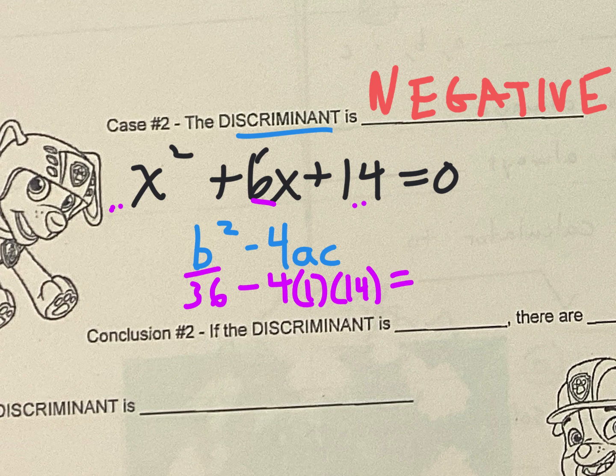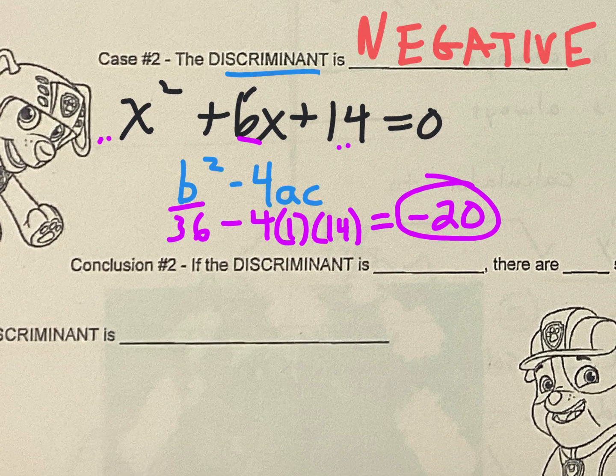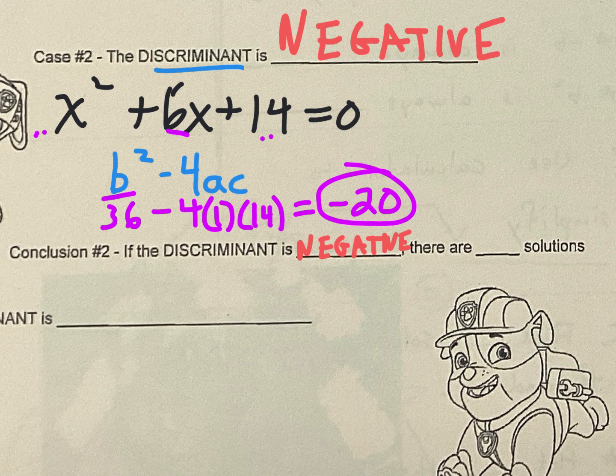It's a calculator problem. 36. Type it in just like you see it. See if you get the same thing I do. Negative 20. The discriminant is negative 20. The other piece of information you have to know with this is if the discriminant is negative, there are no solutions or zero solutions.